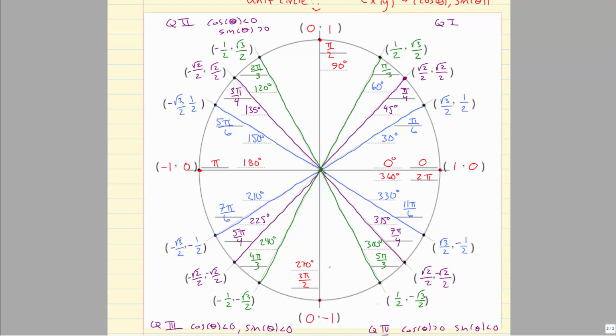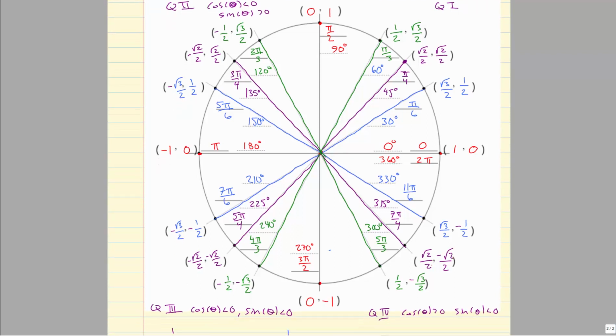And in quadrant 4, cosine is positive for each and sine is negative for each. So it matches. One thing I want to do is be careful. This negative sign almost runs into the square root sign, so I'm going to make sure that's really clear that that's a negative root 2 and not just an extended root sign. So negative root 2.